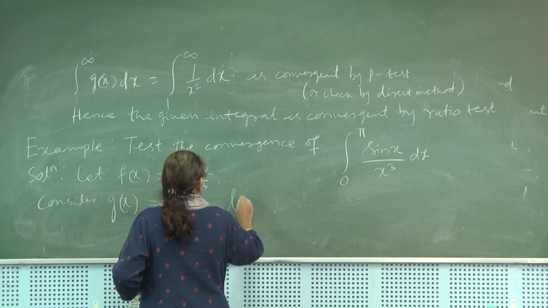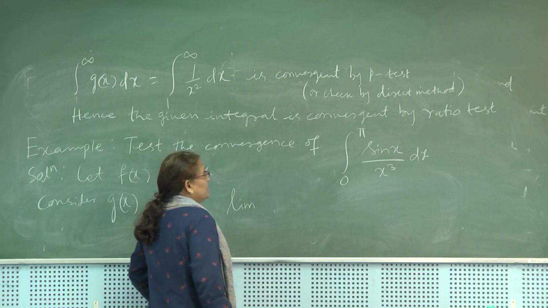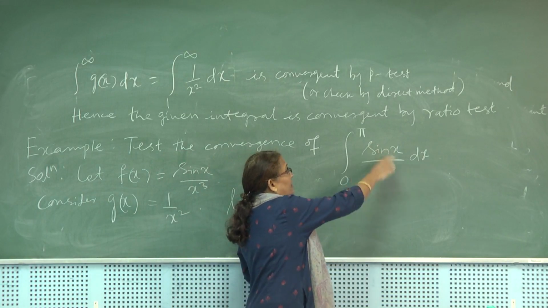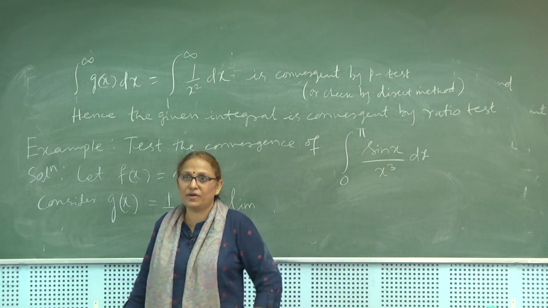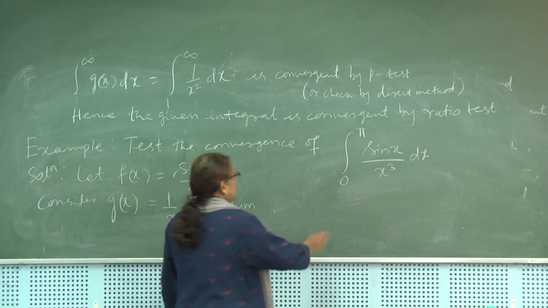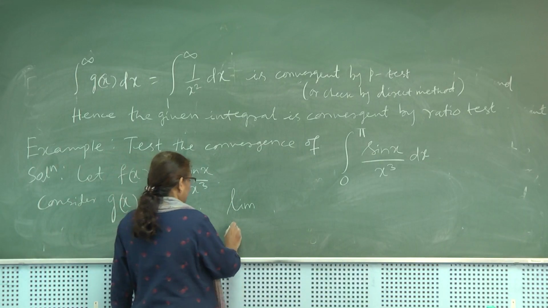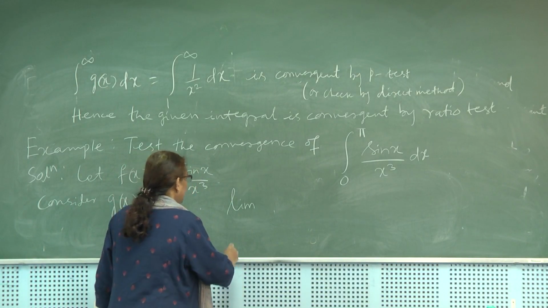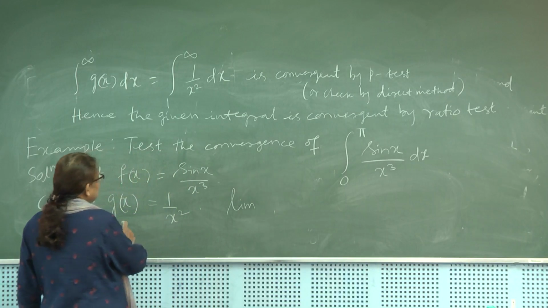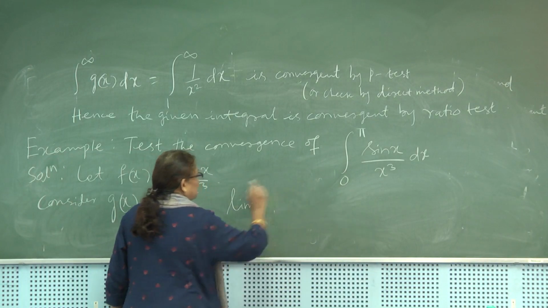Now look at this: the integrand is unbounded at the lower limit 0, and similarly g(x) is also unbounded at the lower limit 0.